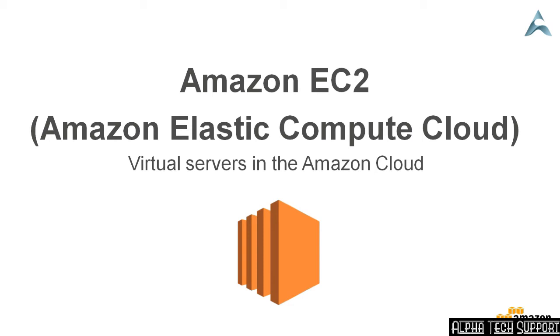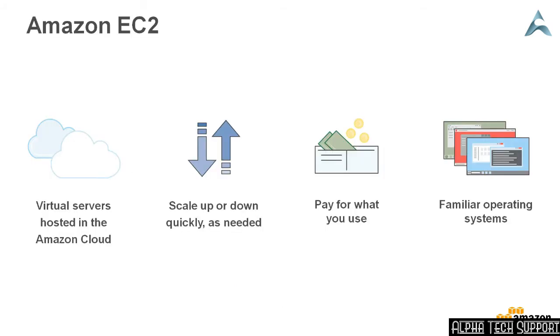The first one in the compute category is Amazon Elastic Compute Cloud, or Amazon EC2 in short. It has virtual servers in the Amazon cloud. So what is Amazon EC2? It has virtual servers hosted in the Amazon cloud that can scale up or down quickly as needed, which is the meaning of elastic.